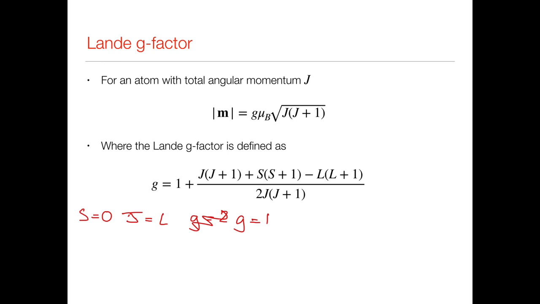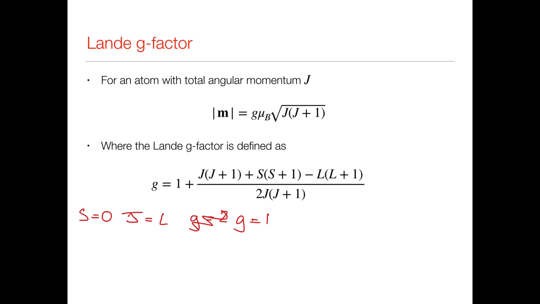Okay, that's exactly what we found for the case of orbital angular momentum in a single electron. Okay, we didn't actually put a g factor in then because it was just 1, so there was no need to put that in there. But this is a more general case: if I've got a multi-electron atom where there is no total spin angular momentum, okay, the angular momentum is purely from the orbital part, the g factor is 1.